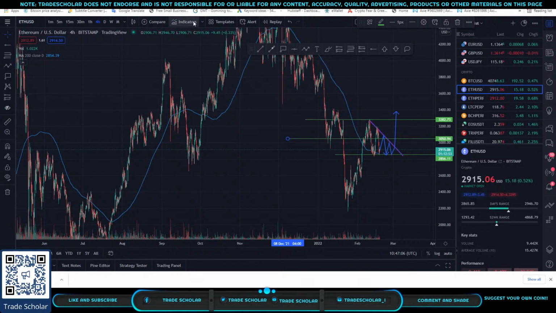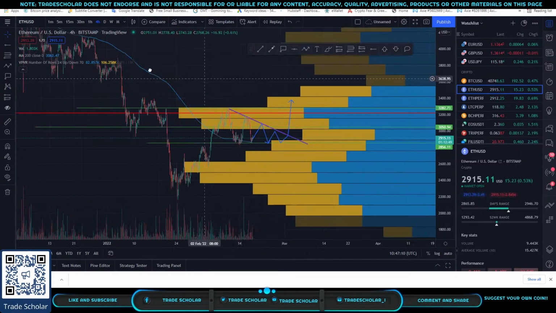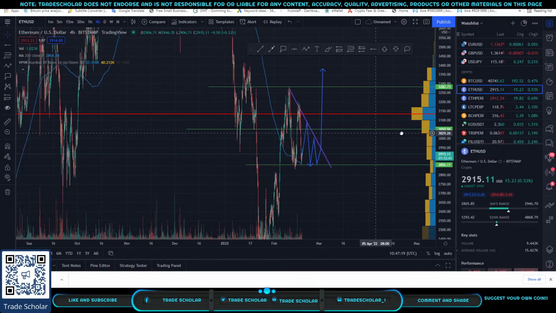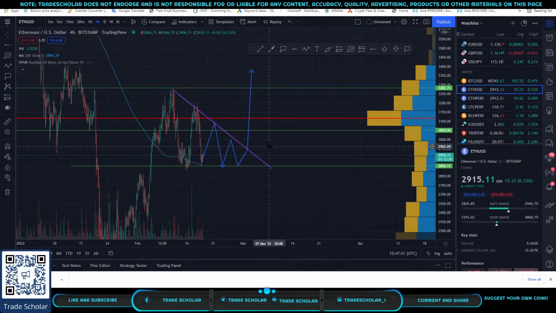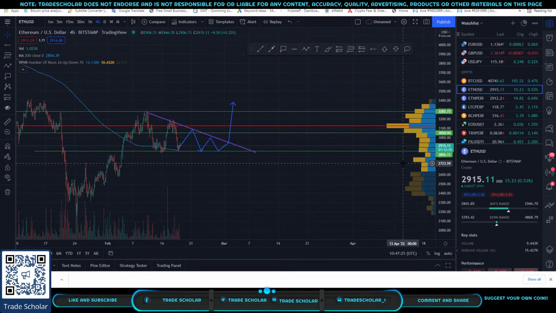If you pull out our VPVR, we can find support. What is our support? Our support is right here. We're currently holding this area.